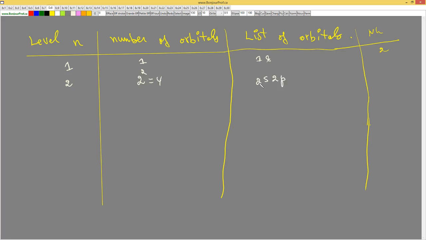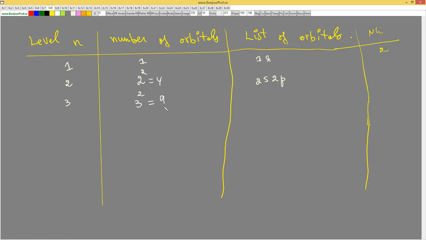Why do you put 2 here? To say this is level 2, and the orbital, the room, is of type s. This one, we are in level 2, but the orbital is of kind p. You see here, I have enough money to purchase a room, an orbital, or a house like s and p. Now, if I am in level 3, it will be 3 power 2.